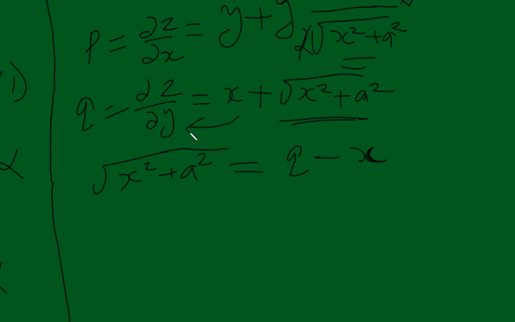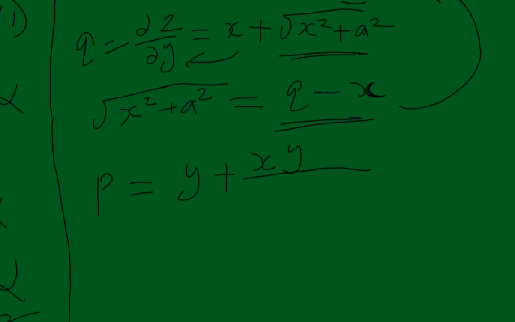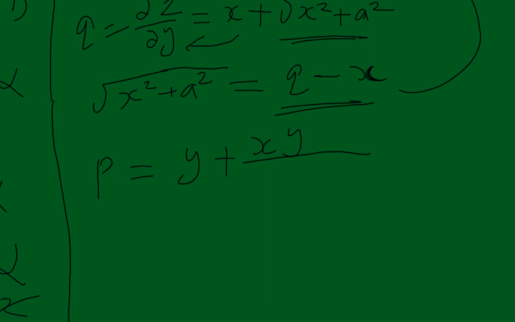So we just put this value in here. So what we will get is p is equal to y plus x into y divided by the root of x square plus a square. Instead of root of x square plus a square, we write q minus x. Yeah, so that's it.